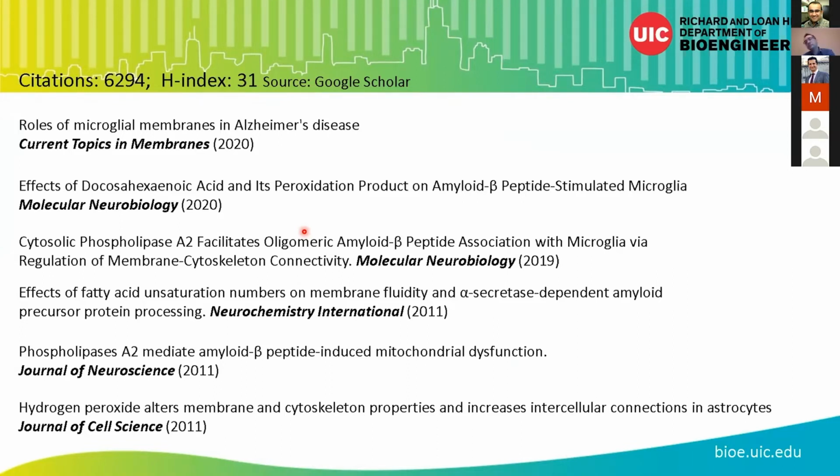Our papers do get some attention, as reflected by the number of citations. Here are a few examples. We focus on microglia, astrocytes, neurons, and the blood-brain barrier. Specifically, we study how oxidative stress, amyloid beta peptide, and tau affect cell function.